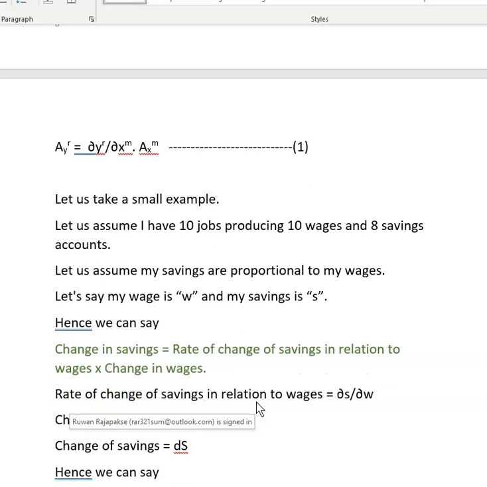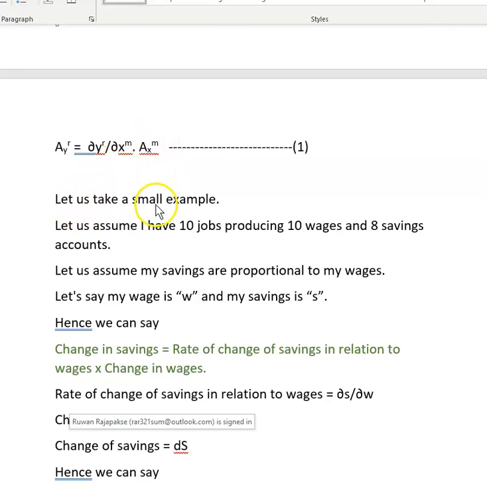So this is the transformation. AY means a vector in the y-coordinate system. R means the dimensions, whatever the dimensions in there. And this partial y over partial x is the change in y with respect to x. So we have m dimensions in the x-coordinate system and r dimensions in the y-coordinate system, axm.